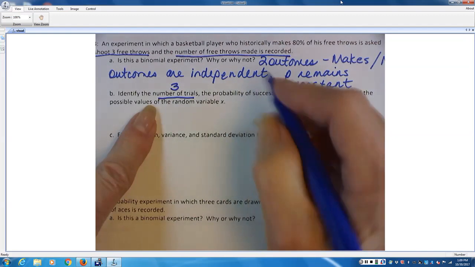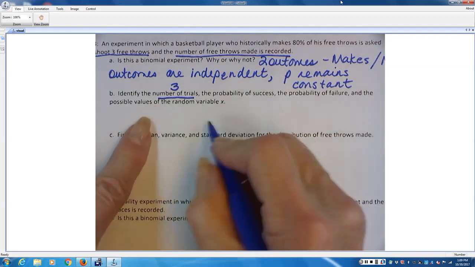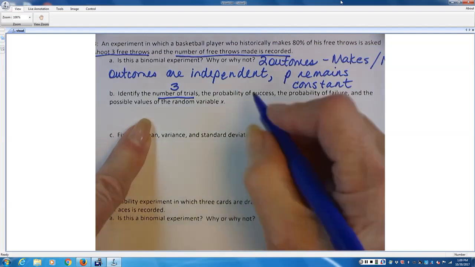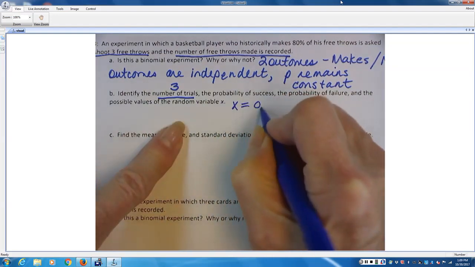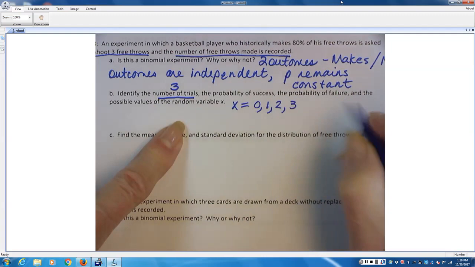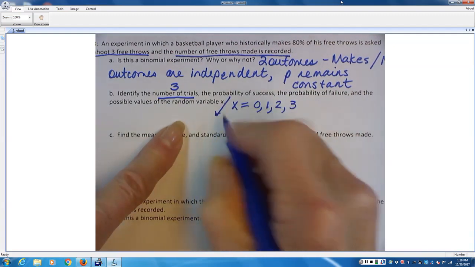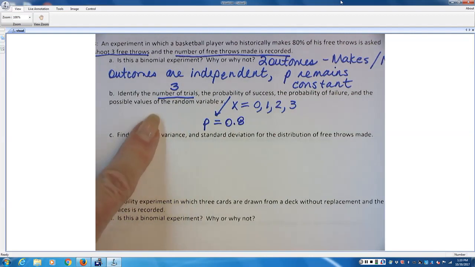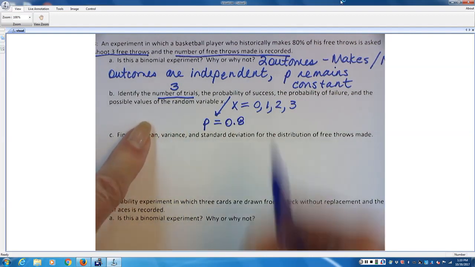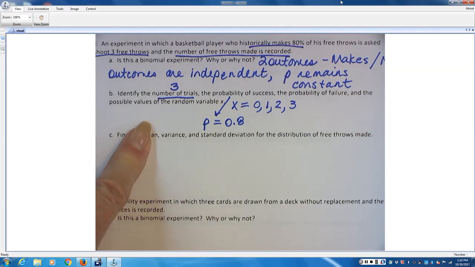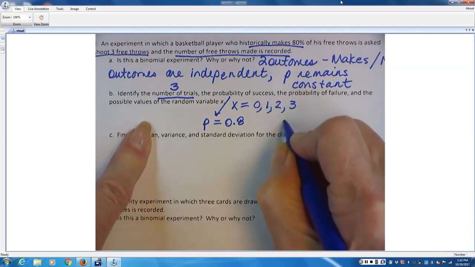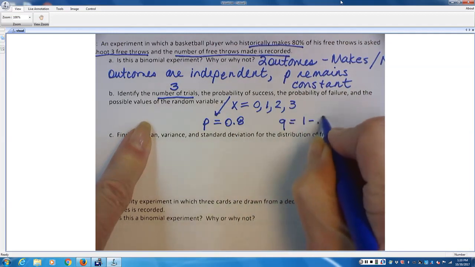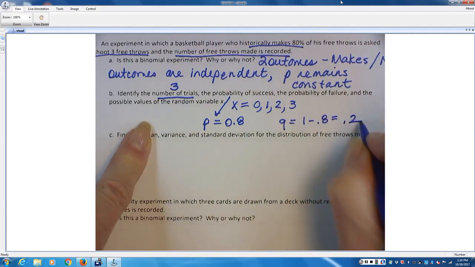The number of successes is going to be 0, 1, 2, or 3, because he might not make any of them. And the probability of success is P, which is 0.8 for the 80%, because he historically makes 80%, which means the probability of his failing to make it, or Q, is going to be 1 minus 0.8, which is 0.2.